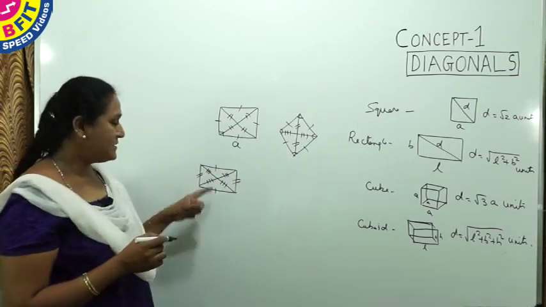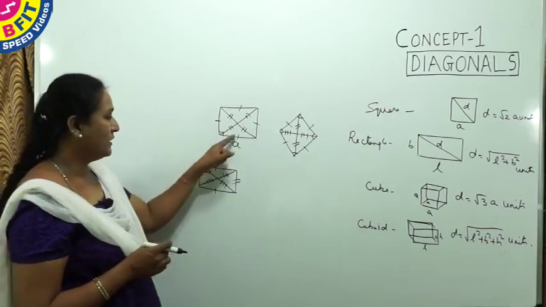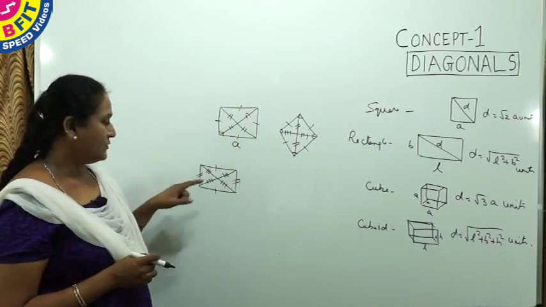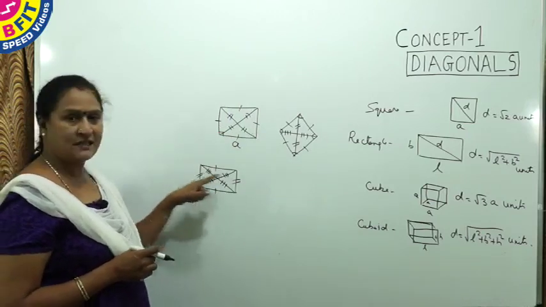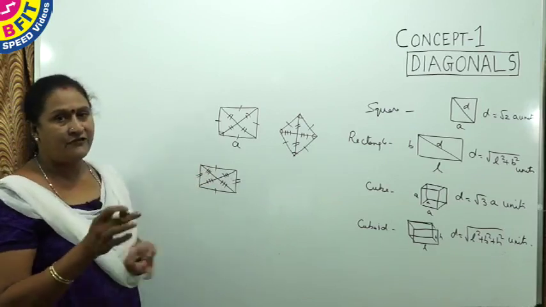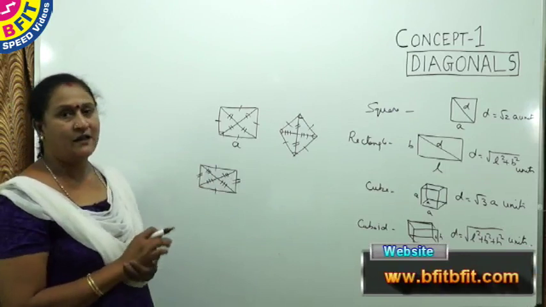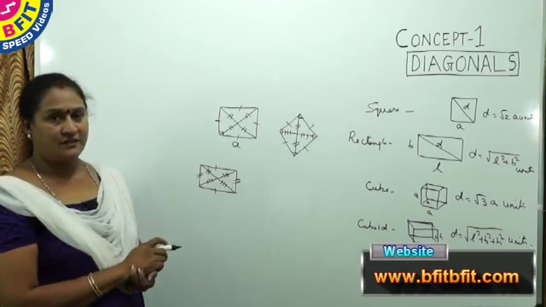Whenever any symbol is marked, all are of same size. So here we have a single line, it means that those sides are same. Here the single line lengths are same and opposite sides are same, but are of different length. When opposite sides are same, it is called a rectangle. Diagonals are equal and they bisect each other.